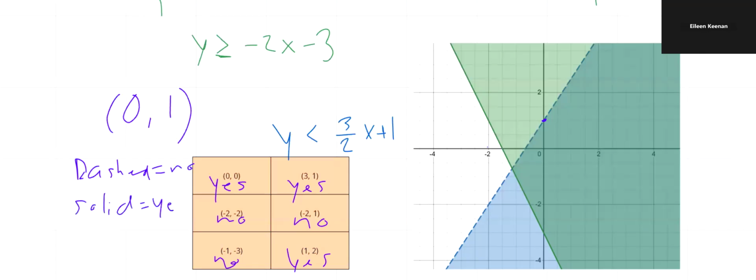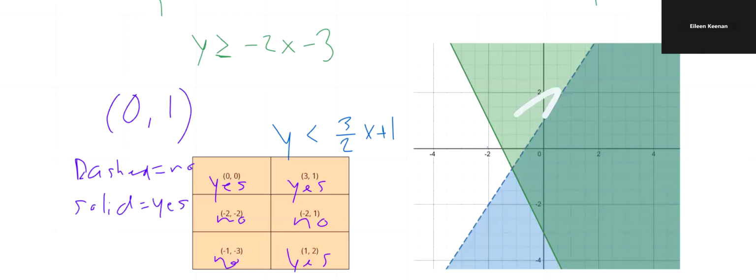Because the solid line means greater than or equal to, whereas a dashed line means only greater than or less than, whatever the sign is, but it's not actually including the numbers on that line. So if the point is on a dashed line, then it's not included in our solution. If it's on a solid line, like this one, it would be included. But if it's on a dashed line, like this one, then it is not included.